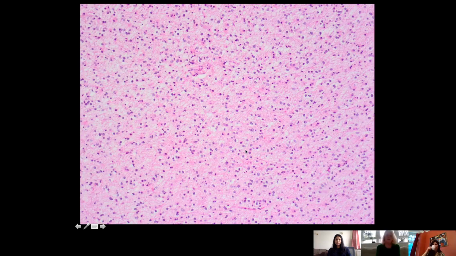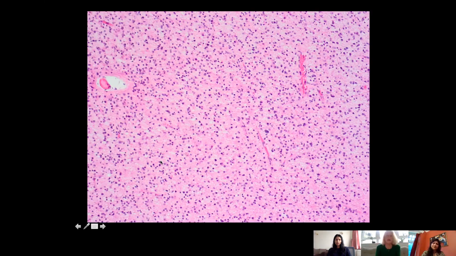At higher magnification, we can see a combination of astrocytic features, so cells with abundant eosinophilic cytoplasm and long fibrillary processes, as well as, in between, cells showing cytoplasmic clearing, which is commonly referred to as oligodendroglial morphology. There is no significant nuclear pleomorphism here, and no significant mitotic activity.